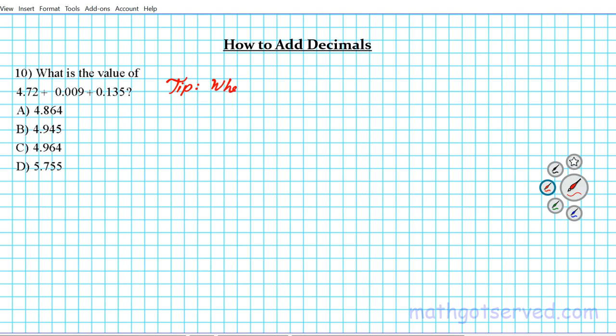When adding, subtracting, or even multiplying decimals, guess what? Alignment is very important.